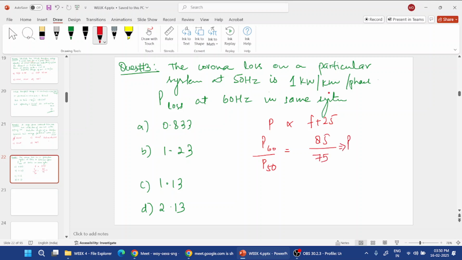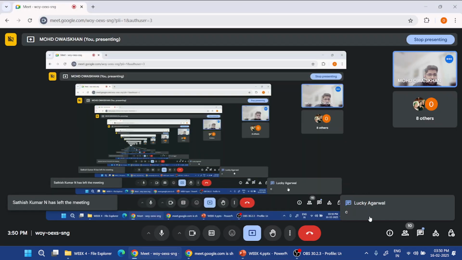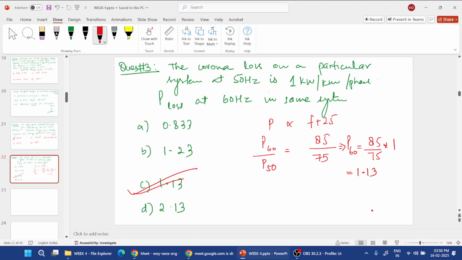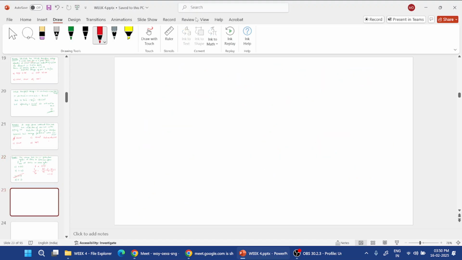If we rearrange for P60, it will be 85 divided by 75 into 1. So it comes out to be 1.13. So this will be the answer. Okay.